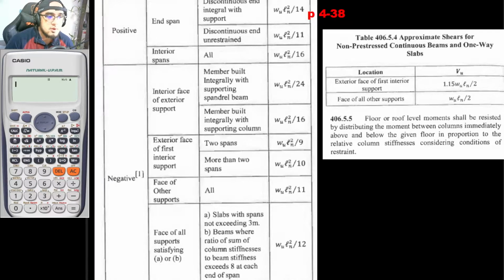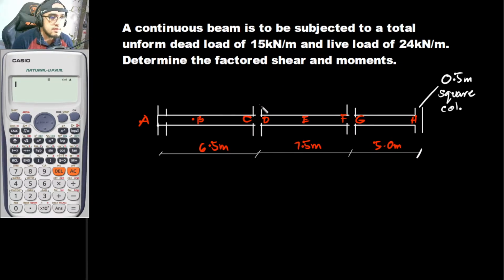Anyway, what we would be doing is applying these factors or formulas to get the shear and moment of this continuous beam. The first thing is getting the factored load.